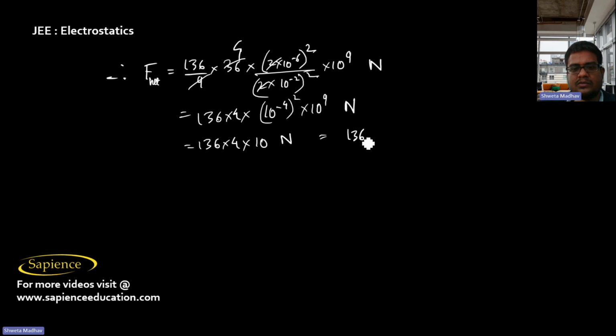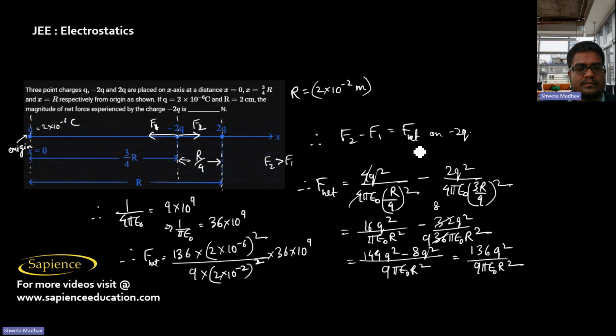So 136 into 40, 36 into 40 Newtons, 4 6 24, so 5440 Newton. So it is the answer.